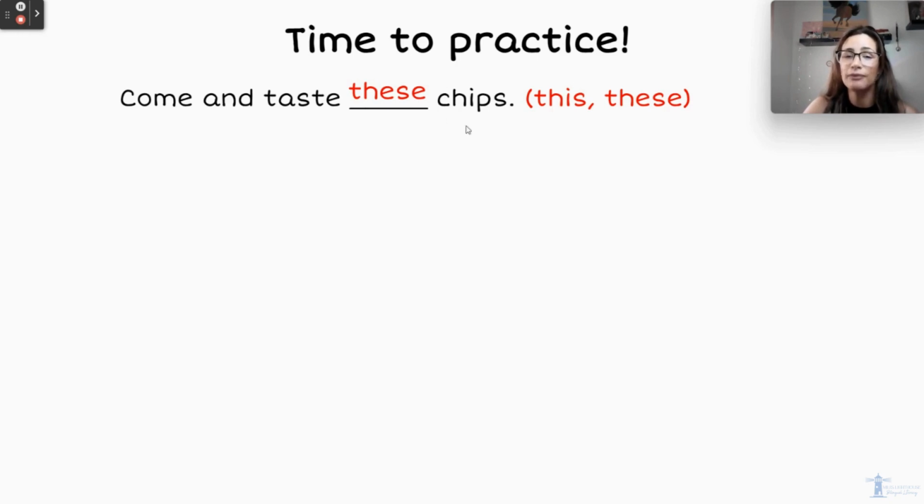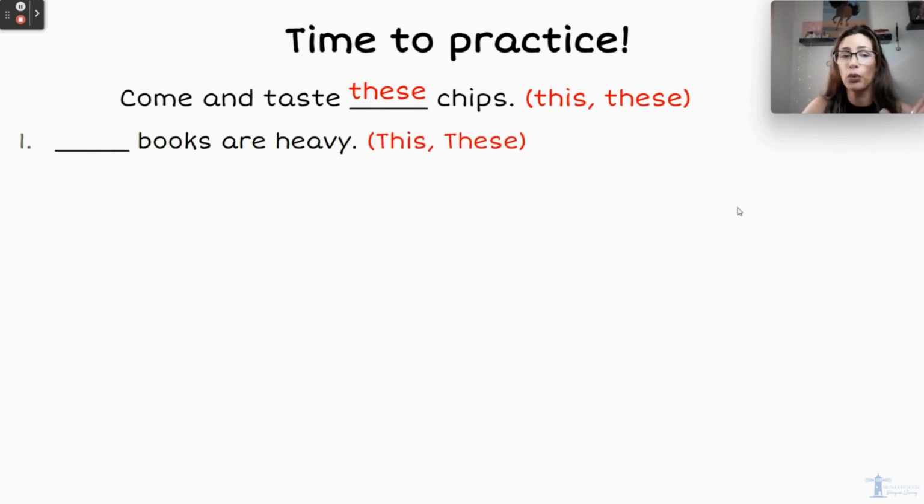Look and see if the noun that follows it is singular, one, or is there more than one? So chips, crisps, right? There's more than one. You have chips. So you would pick these.